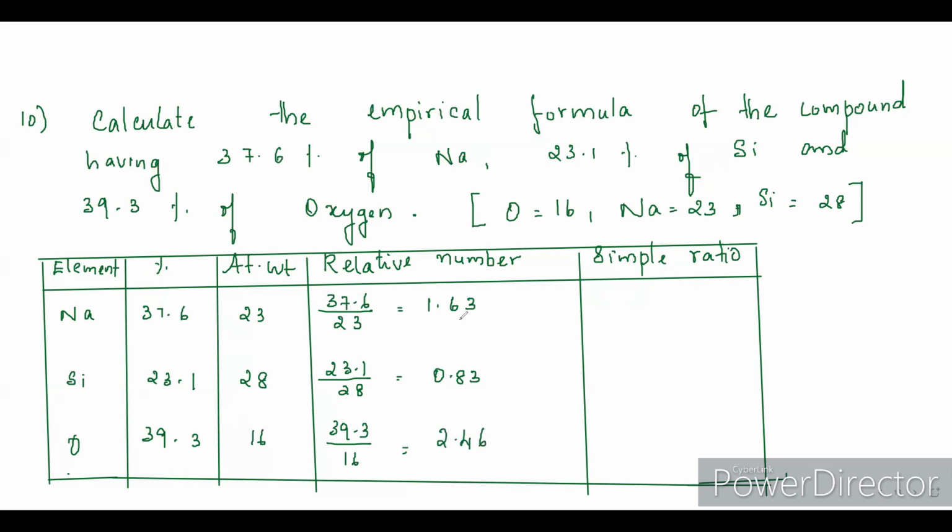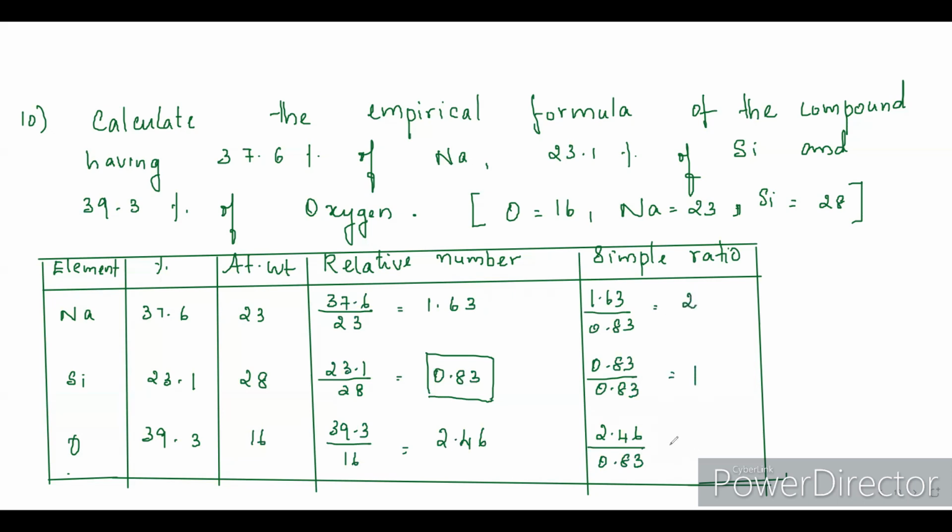Now, in the simple ratio, I need to look for the least number from these numbers. So the least number is 0.83. Divide all the numbers by the lowest. And the last one, 2.46 by 0.83. So this is 2.